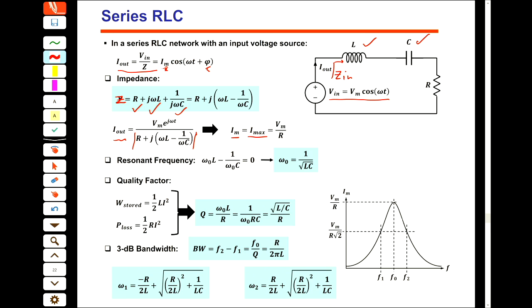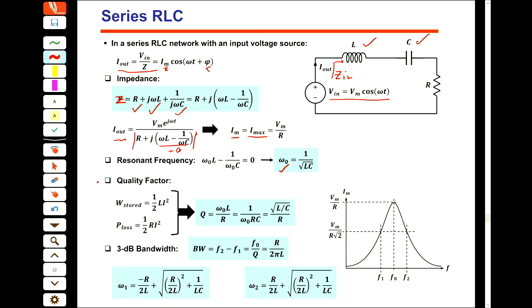And the absolute value of this denominator is minimum when this part equals 0. So at this frequency, I mean when this condition is satisfied, then the maximum power will transfer to the R, the load that we have. Okay?